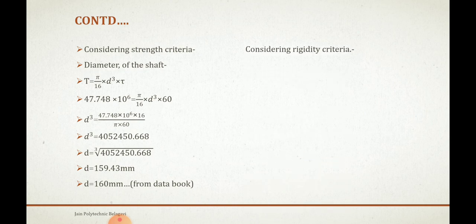Now this is from the strength criteria. Now we have to use the rigidity criteria to calculate the value of D. Use the formula. This is the formula based upon the rigidity criteria: D equals 584 T into L divided by G theta, raised to 1 by 4.